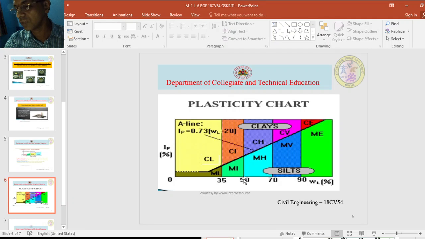If your liquid limit is greater than 50, and generally it is up to 100, though some China clay will be more than 100, then above the A line we call it clay of higher compressibility, and below the A line we call it silt or organic soil of higher compressibility. This is the plasticity chart, which is used to find the classification of fine-grained soil.